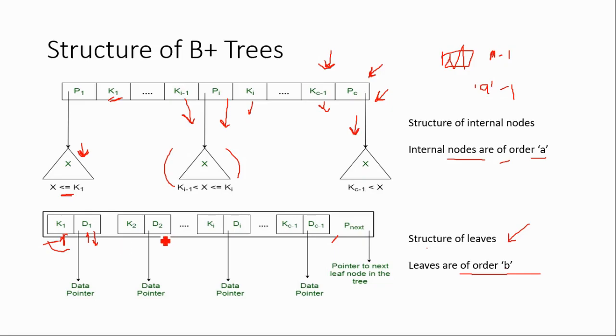So in a B plus tree we go through sets of keys and data pointers, up to B minus 1. So c is just a constant for this part, it will be A here, and B for the leaves. And after that there is the P next, which points to the next leaf node. I think you can get the idea.